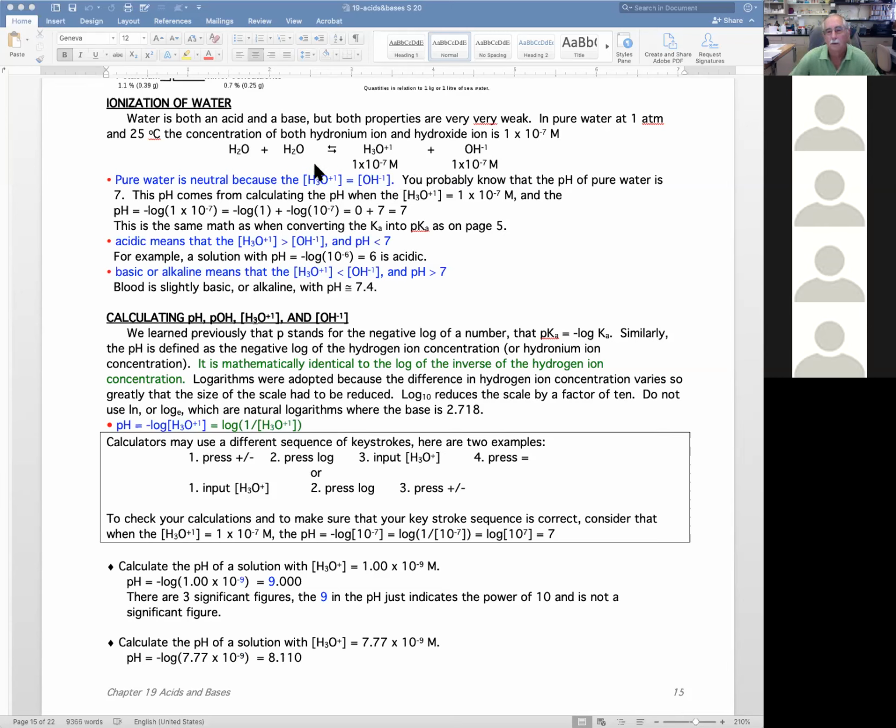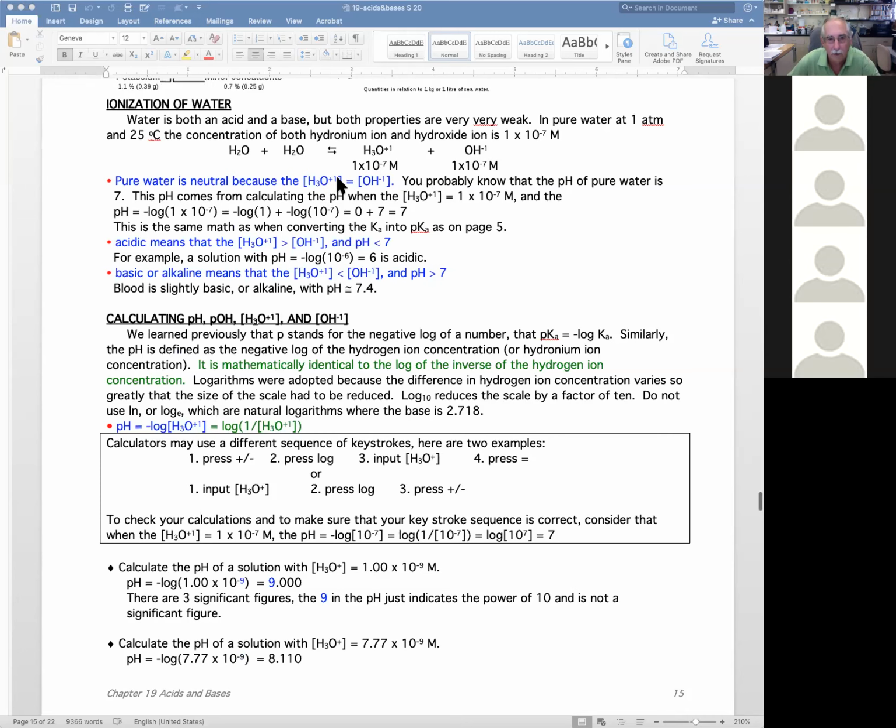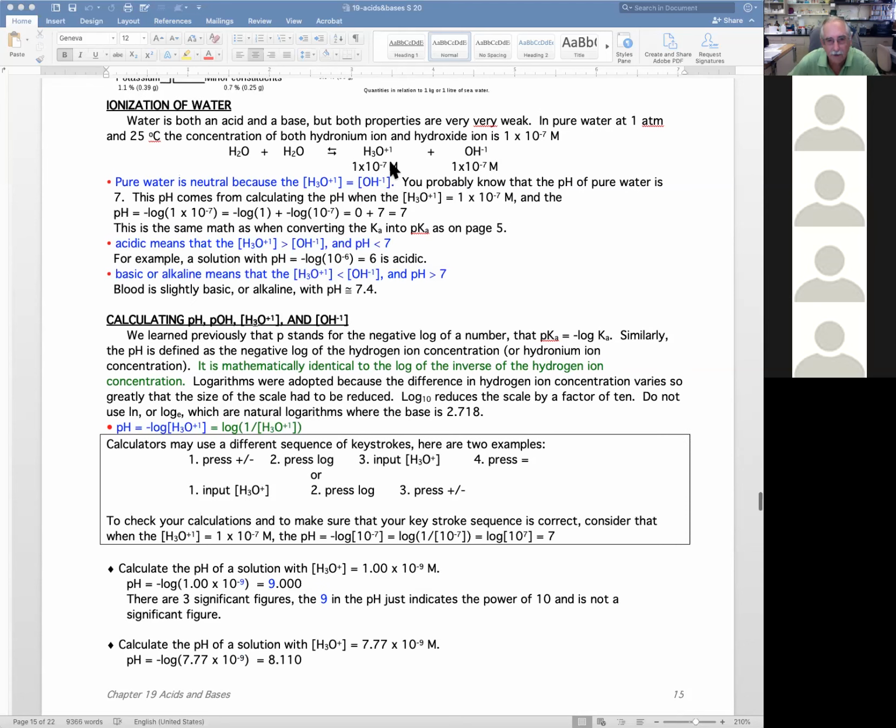And then where do we get the number pH 7 for pure water? Well, if I take the negative log of 1 × 10 to the -7th, I get 7. Okay. So what does it mean if an aqueous solution is acidic? That means that there's more hydronium ion than there is hydroxide ion.